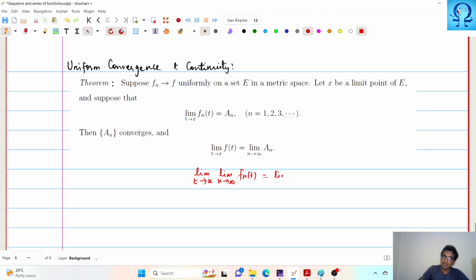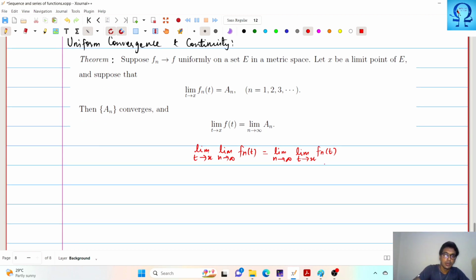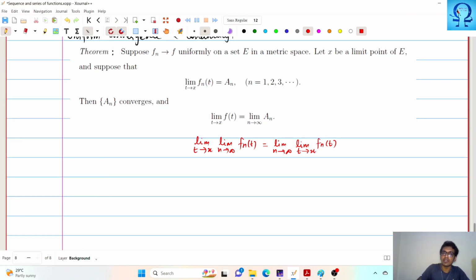And here the limit as n approaches infinity of an is nothing but the limit as t approaches x of fn(t). So the interchange of these limits is possible. That is what we are going to prove in this theorem, and at the end we will see the inference that we can make from this theorem.